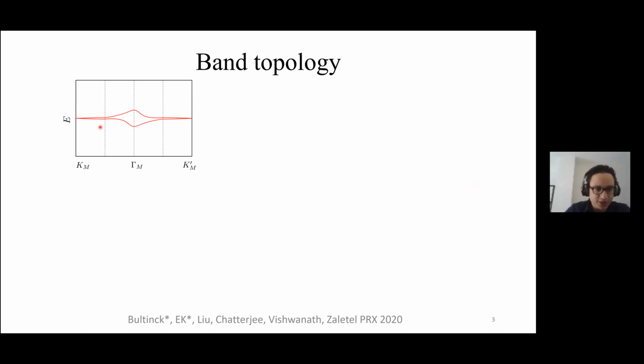There is actually some small dispersion, and more importantly, there are important features, which are these two Dirac cones connecting the two flat bands. A remarkable property of these two Dirac cones is that they have the same chirality. This is different from standard graphene, where the two Dirac cones have opposite chirality. And this means that the bands have an unusual topology.